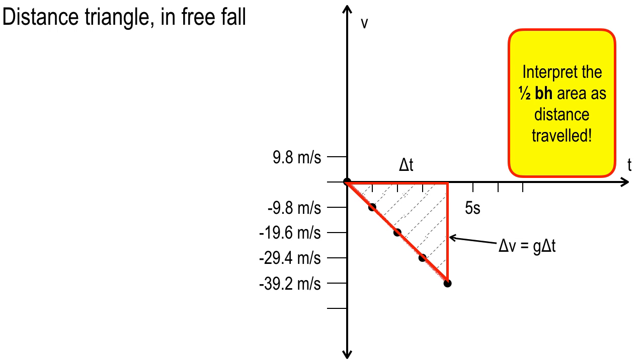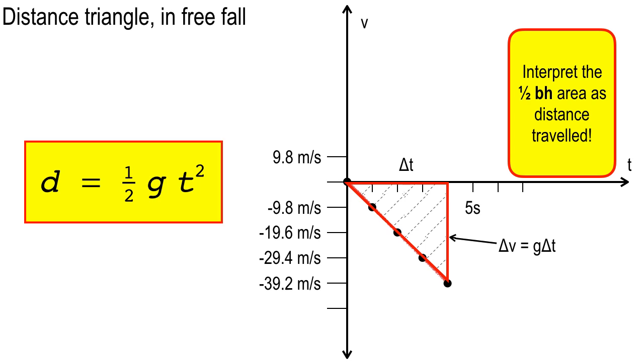For this particular triangle, that works out to 1/2 g t squared, or 1/2 g delta t squared if you want to be technical about it, for this particular picture. All right? And you had some basic calculations to do on that for homework.